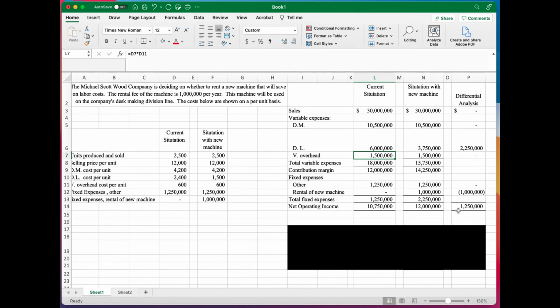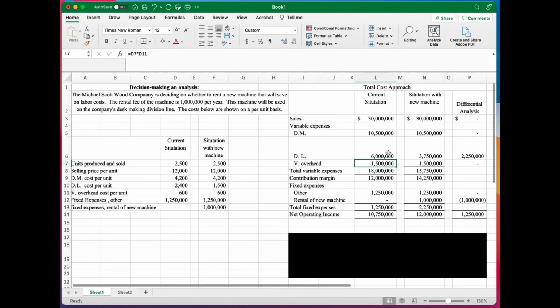That means that if I select alternative 2, the situation with the new machine, there's a financial advantage of $1,250,000. That means that my net operating income should increase by $1,250,000. This is the total cost approach.